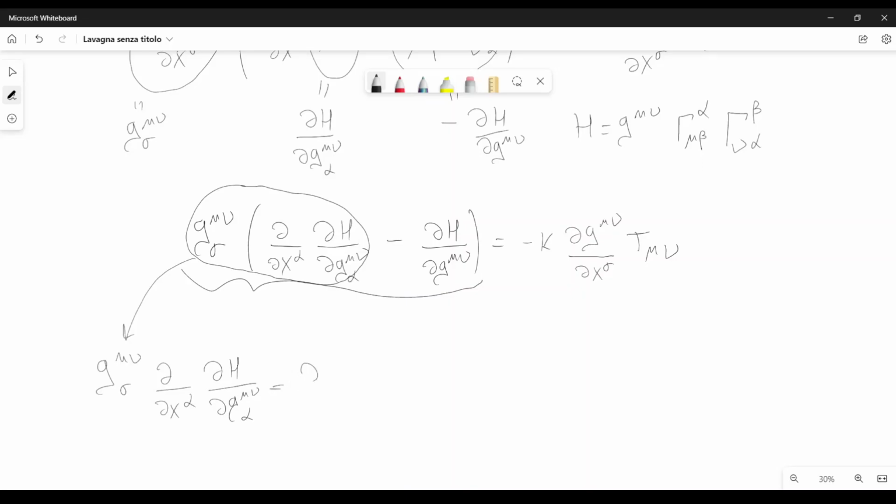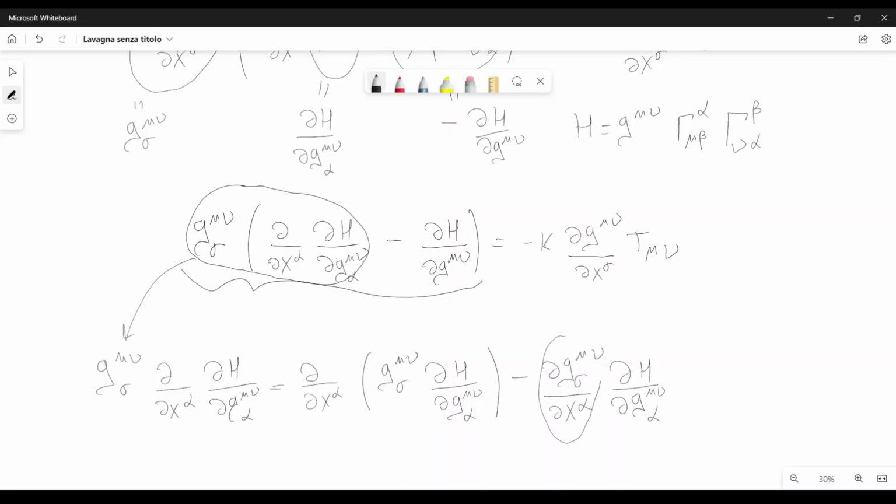This is equal to the derivative with respect to x^α of g^{μν}_σ times ∂h/∂g^{μν}_α minus the derivative of g^{μν}_σ with respect to x^α times ∂h/∂g^{μν}_α.